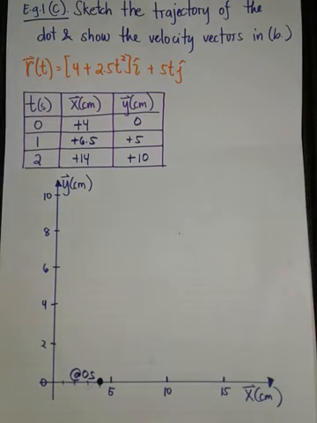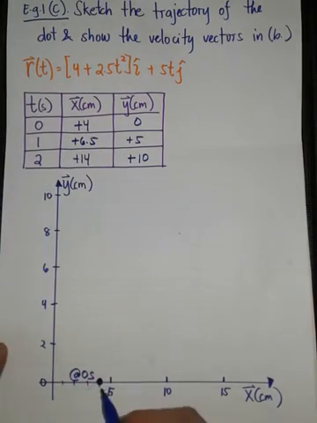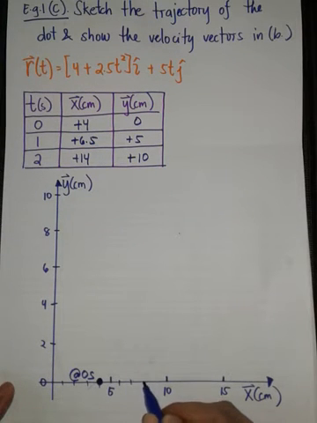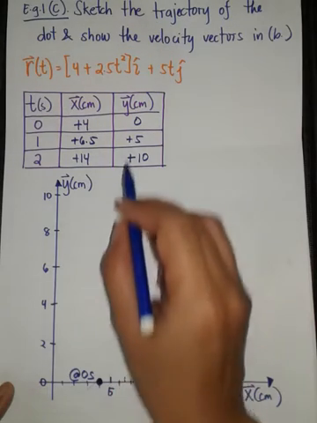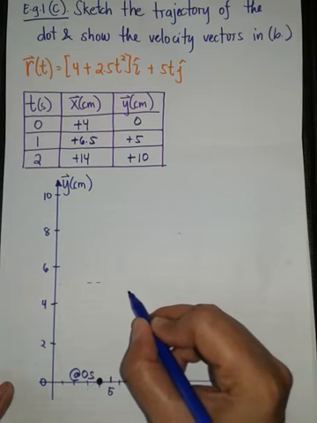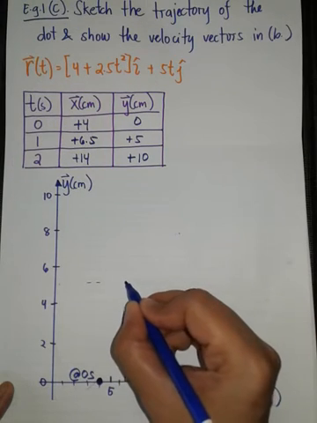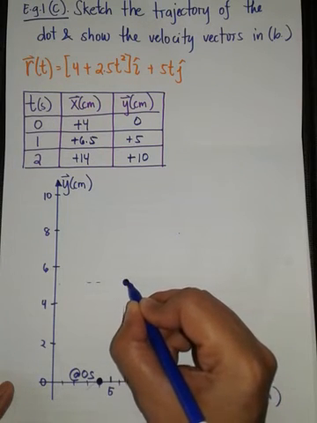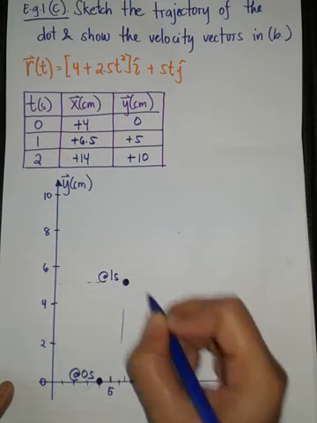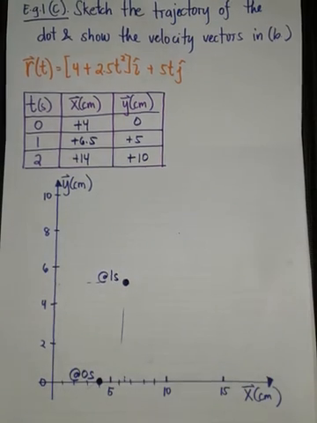Let's go to the second point, positive 6.5 in x. If this is 6, 7, 8, 9, then 6.5 is somewhere here, and its partner is 5 in y, somewhere here. This is now where the dot is, and this happened at 1 second. Let me get my ruler.